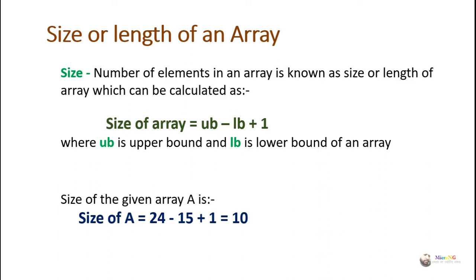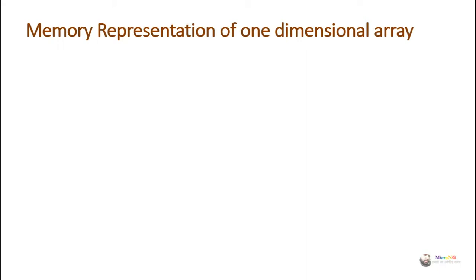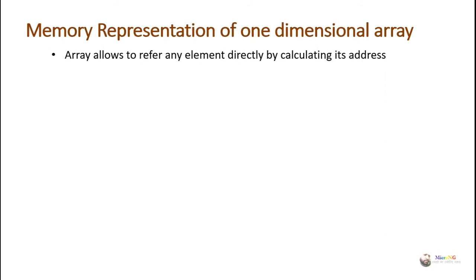So size of one-dimensional array can be calculated as UB minus LB plus 1, where UB is the upper bound index and LB is the lower bound index of the array. Memory representation of one-dimensional array. Array allows to refer any element directly by calculating its address.